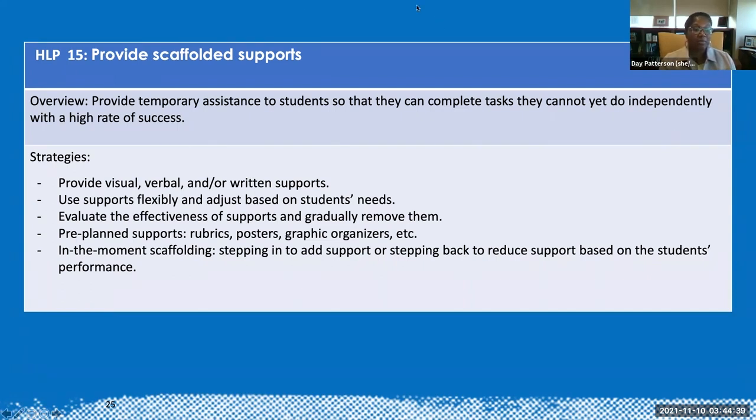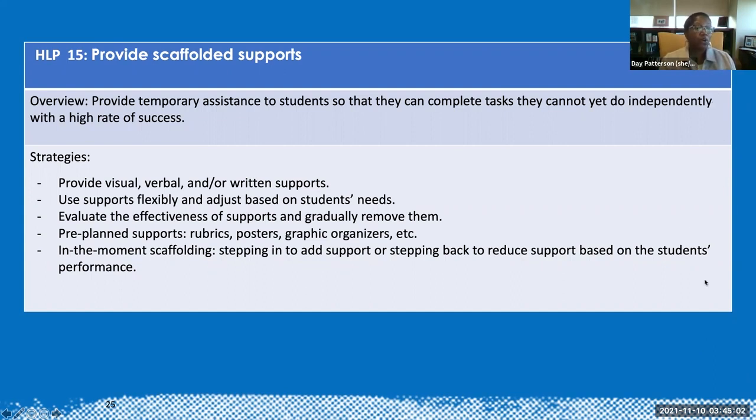Are they providing flexibility on how students engage in an activity? Are they able to give in advance rubrics or graphic organizers that give students an opportunity to see how information is grouped together, how things are related, to really give them a structure in making connections on their own.